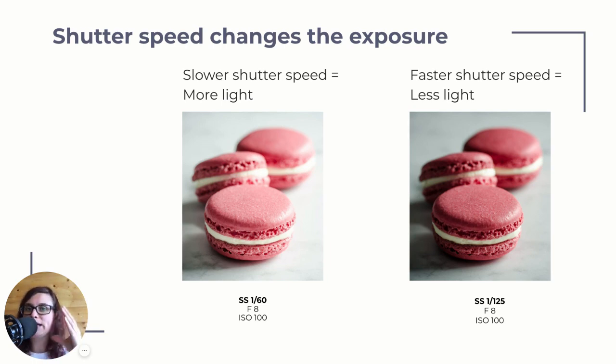So the sensor is exposed for more time, meaning it can capture more light. If you have a faster shutter speed, however, remember the shutter can move really fast. The faster it moves, the less light is able to reach the sensor. So we will have a darker exposure overall.